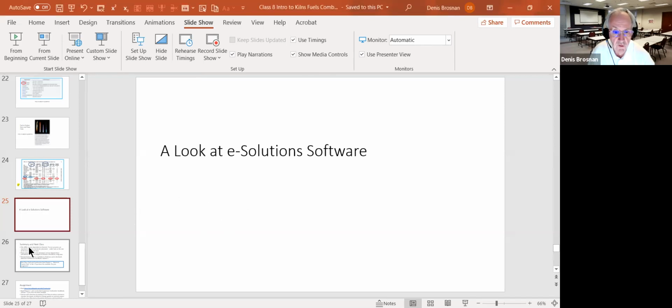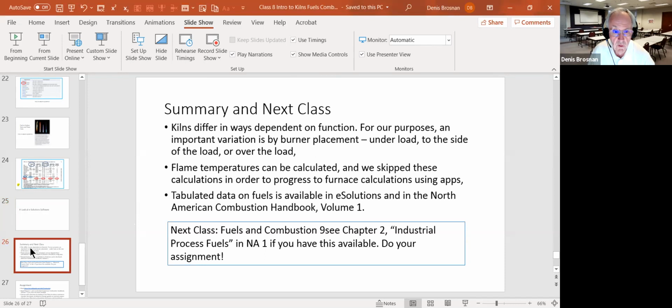We've looked at the eSolutions software, so the next slide is kind of a summary. In this class, we talked about kilns, various types, really being classified by their function, by what they make. For our purposes, we're going to be very interested in intermittent kilns, batch kilns.